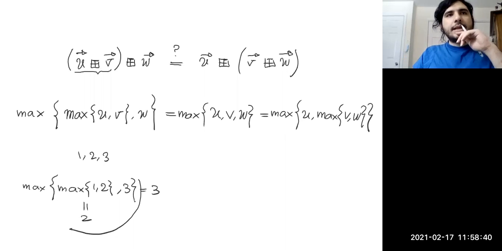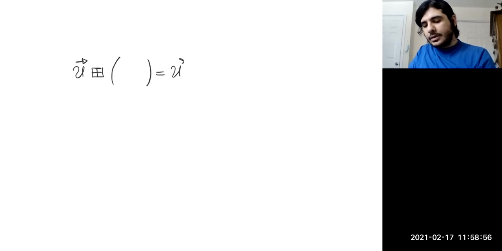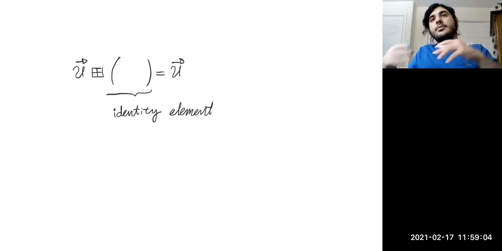So what is the next thing? The next thing is having an identity element for the addition. So is there some element which, if I add u to that element, I would always get u? So that's what we mean by identity element. In ordinary addition, we have 0.